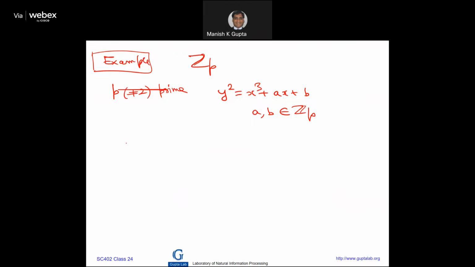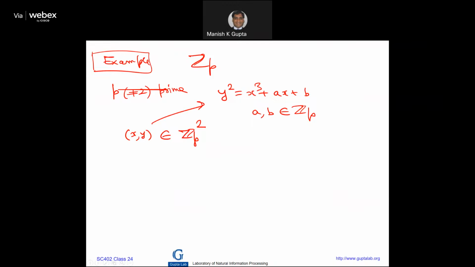And we are also looking for these solutions actually, the pair x comma y in ZP square, right? ZP cross ZP, which is a solution here.